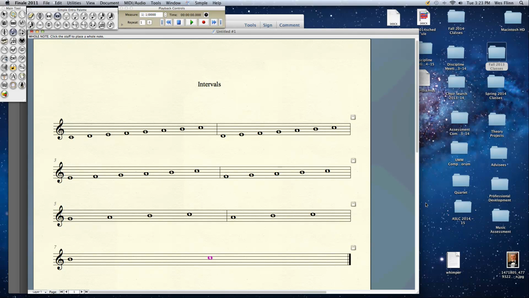Intervals. When we're dealing with intervals, what that simply means is we're dealing with the distance between two pitches inclusive, which means we're counting those pitches amongst them. So I'm going to put the upper octave on each of these.